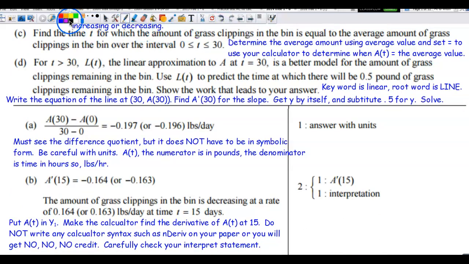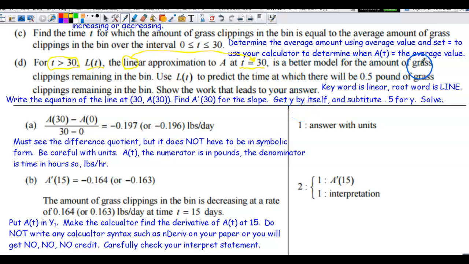Okay, clear the annotations. In letter D, for t is greater than 30, so now we're going to go outside that 30-day window. L of t is a linear, notice the root word, linear approximation to a at t equal to 30. So they're telling us very clearly we want the equation of a line at t, or you would probably think of that as x equal to 30.